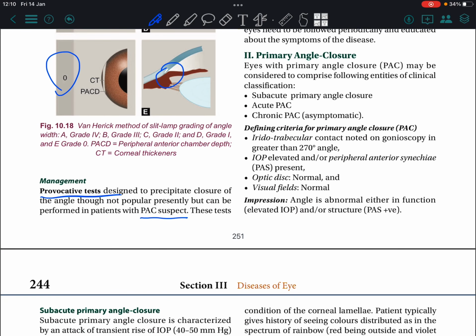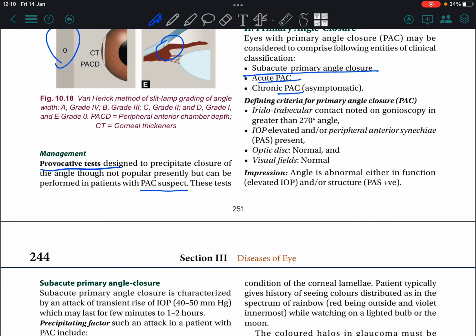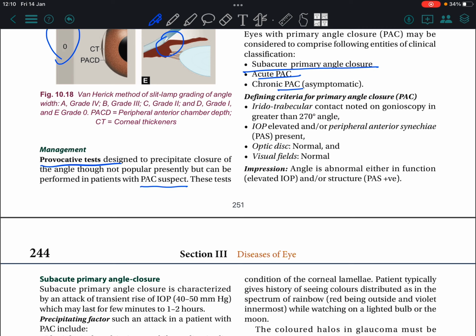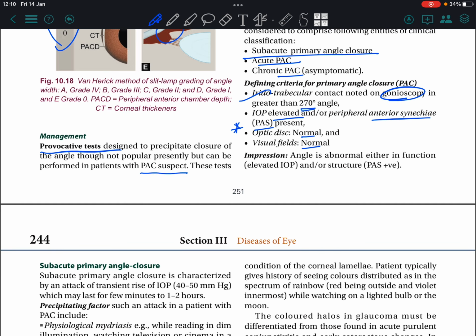Next classification: primary angle closure. Eyes with primary angle closure may be considered to comprise the following entities: subacute primary angle closure, acute PAC, chronic PAC. Defining criteria for primary angle closure: iridotrabecular contact noted on gonioscopy is greater than 270 degrees of angle, IOP elevated, peripheral anterior synechiae present, optic disc normal, visual field normal.